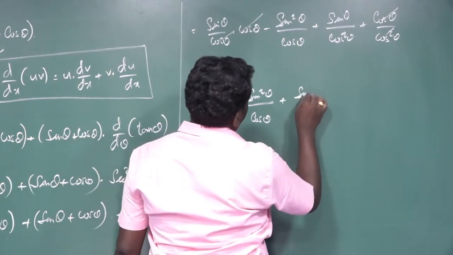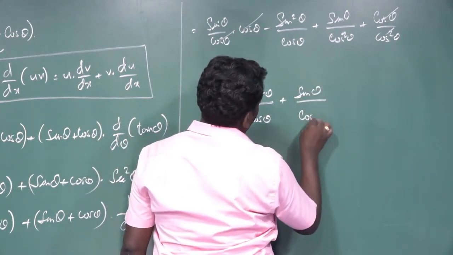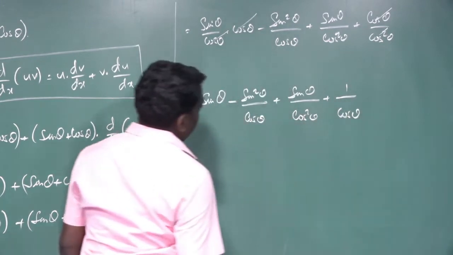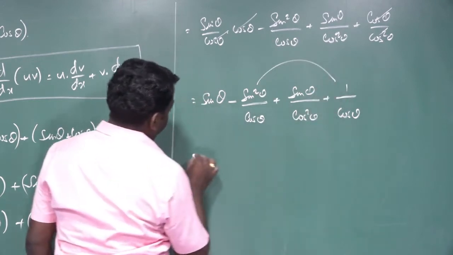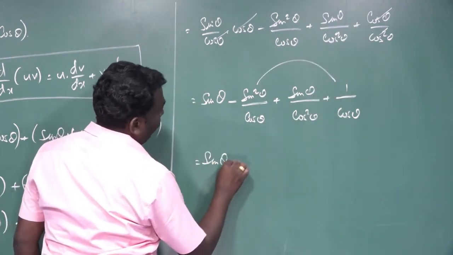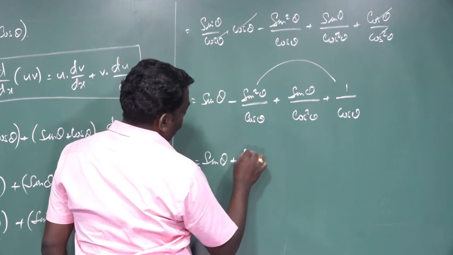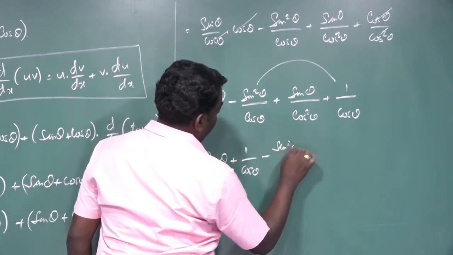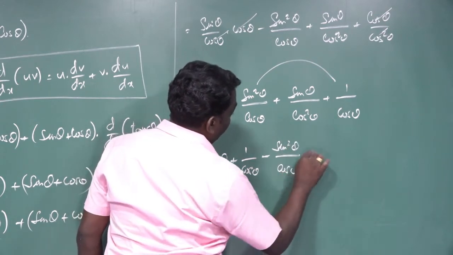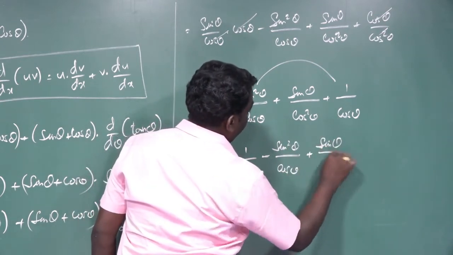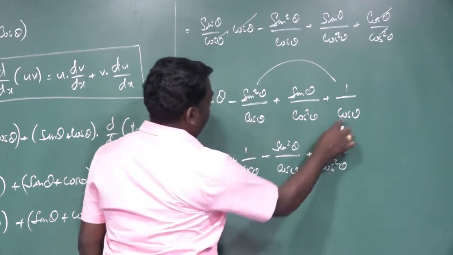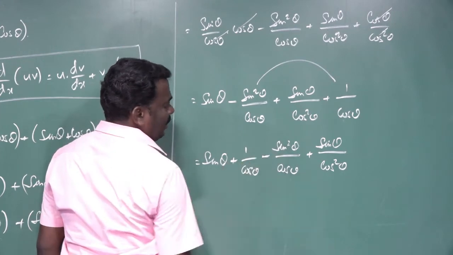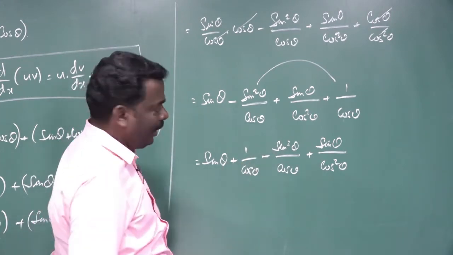Then plus sin theta by cos square theta, plus 1 by cos theta remaining. Just combine these terms: sin theta plus 1 by cos theta minus sin square theta by cos theta, plus one more term, sin theta by cos square theta remaining. Combining these two terms, we can take cos theta as common denominator, giving 1 minus sin square theta, and 1 minus sin square theta equals cos square theta.